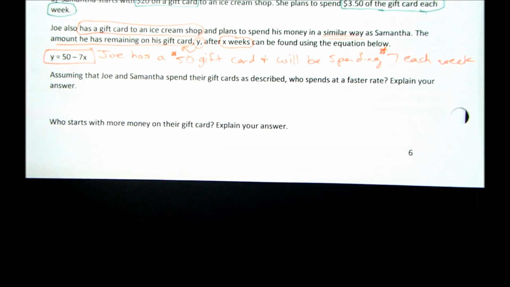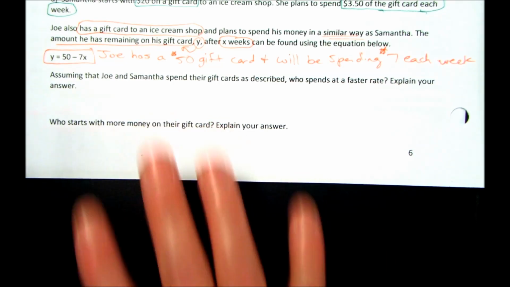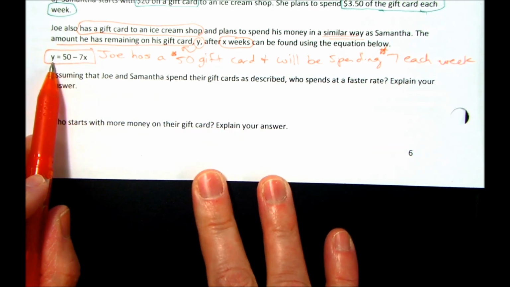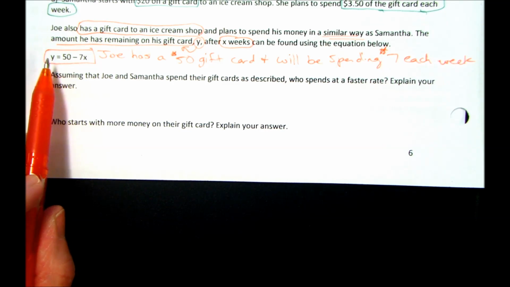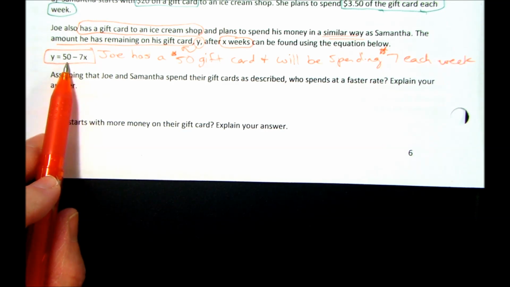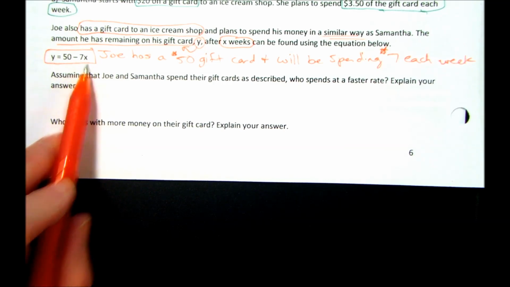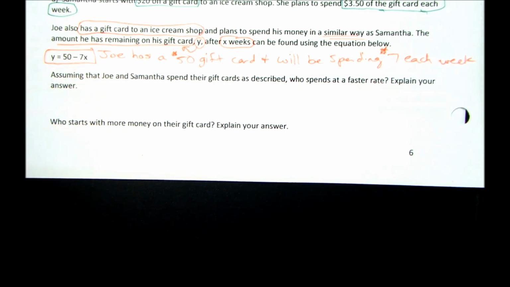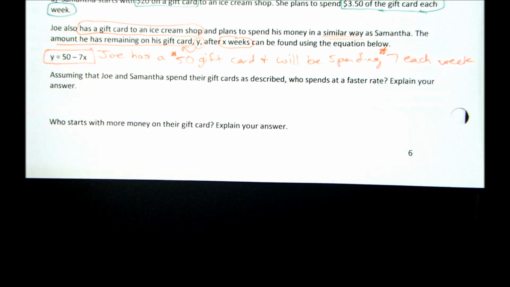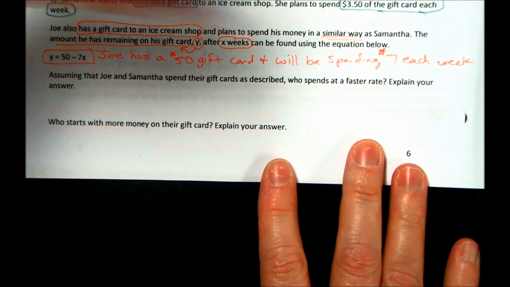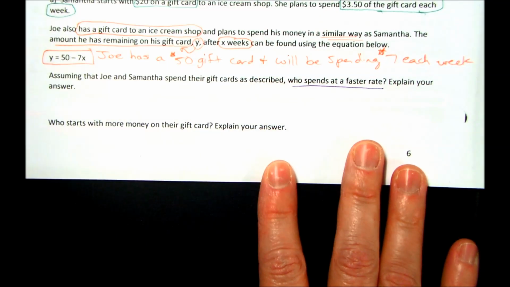All right, so hopefully that made sense, that this equation represents the amount of money that he has left. He's starting with $50 and it's decreasing $7 each week. So now the question is, assuming that Joe and Samantha spend their gift cards as described, who spends at a faster rate?